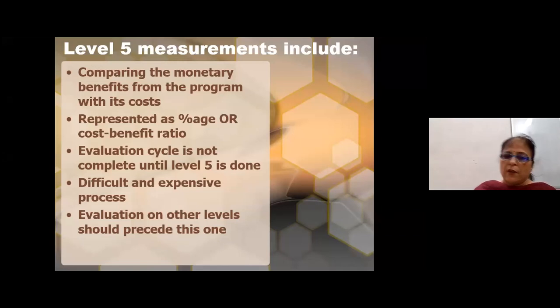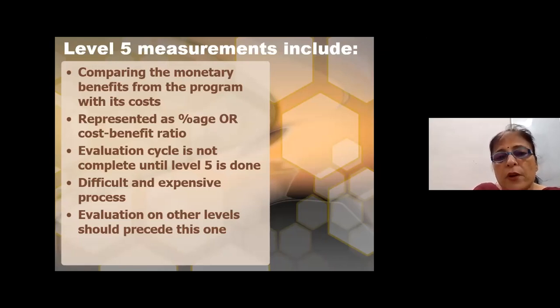If you're not doing correct evaluation on the earlier levels, your results will not be correct even at level 5. The instruments that you use should be accurate at the other levels, and they should be able to give you accurate information. Only then will your analysis and the work that you do at level 5 be useful.